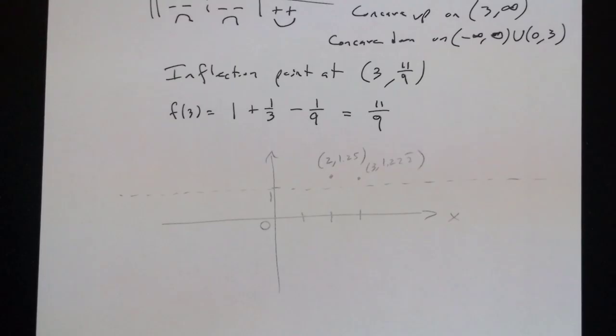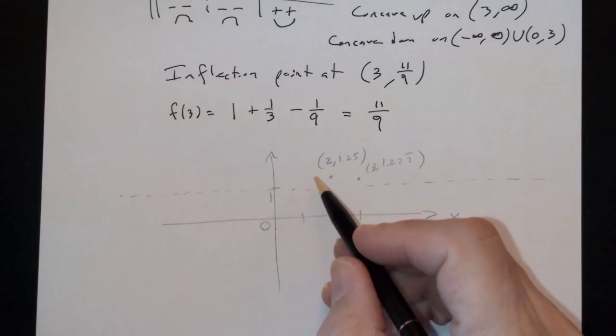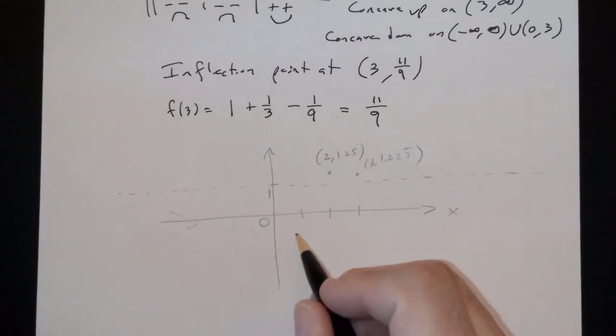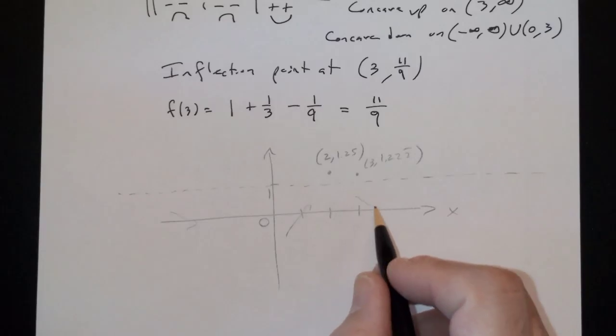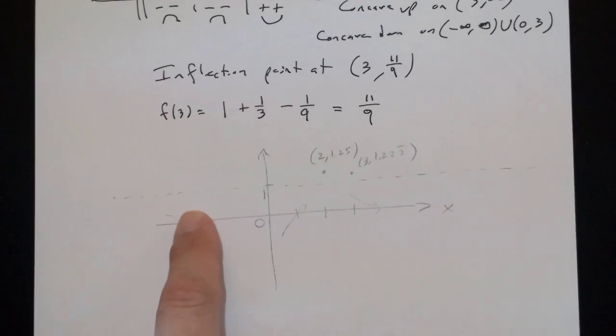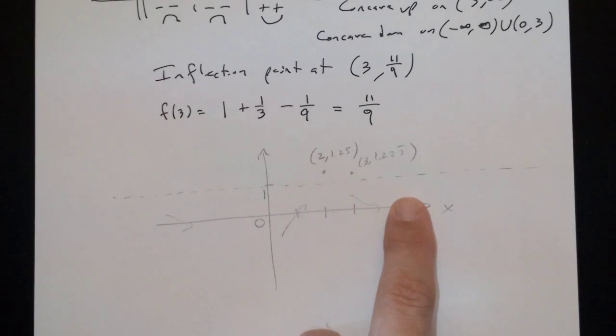So let me see if I can try and make a really crappy sketch in my head before I put anything to paper. I'm supposed to be, by the sign chart, decreasing, increasing, decreasing. I'm supposed to be concave down, concave down, concave up.